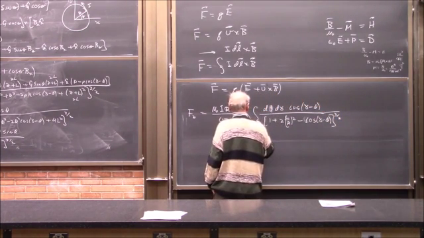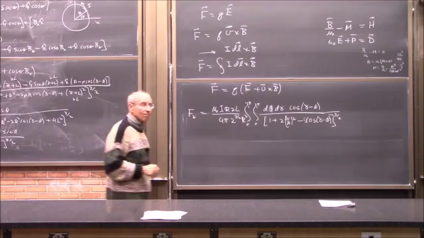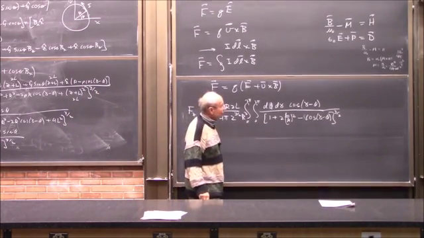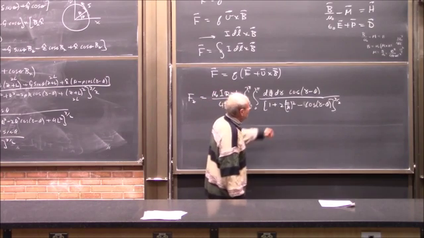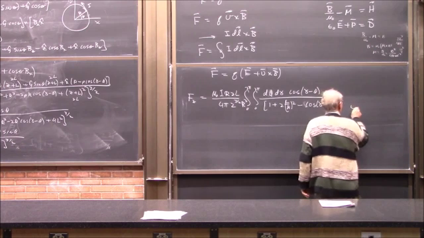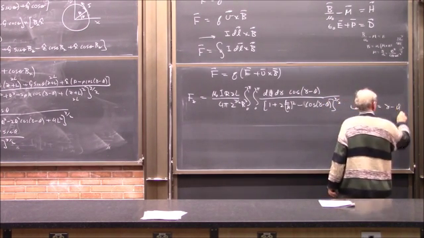For both of these go from 0 to 2 pi. All right? Well, and then make a change of variables, let squiggle be equal to gamma minus phi.